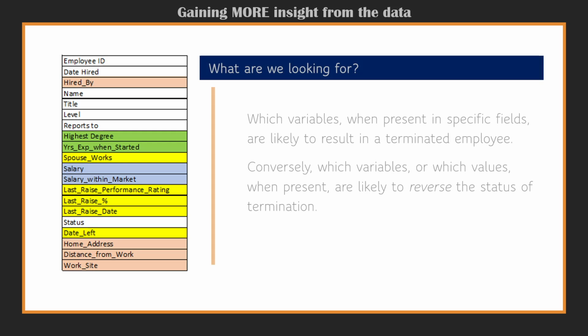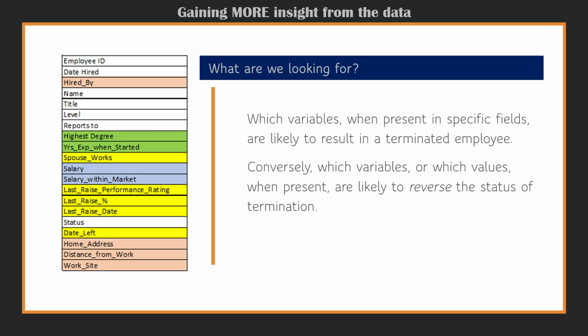So what are we looking for? We're trying to ascertain which variables, when present in specific fields, are likely to result in a terminated employee. Just like we said in the initial example, that those who reported to a specific manager are likely to be terminated.